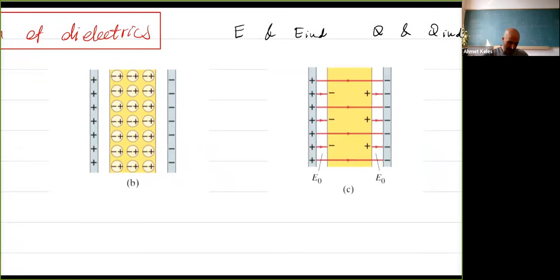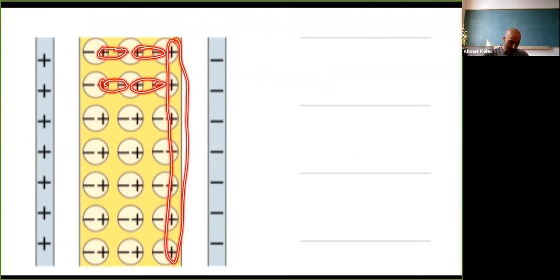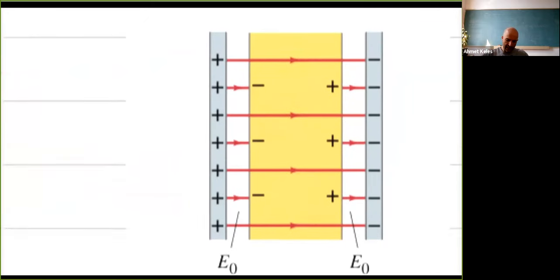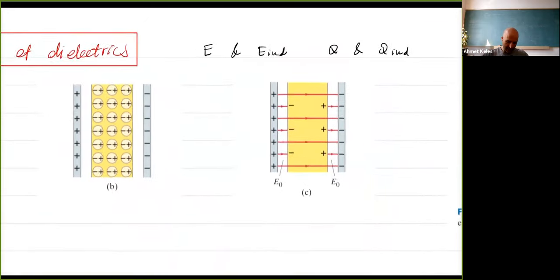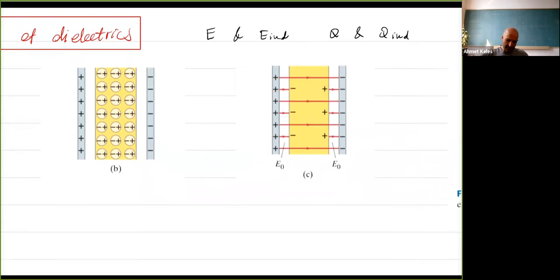For example, these are so close, they kind of cancel each other. These are so close, they kind of cancel each other. And this one, this one. But overall, I will end up with some positive surface charge here and some negative surface charge here. And this whole thing is going to have its own electric field, right? And you can think of this electric field cancellation in a figure like this. So there's an external electric field, and the material gave rise to some electric fields.